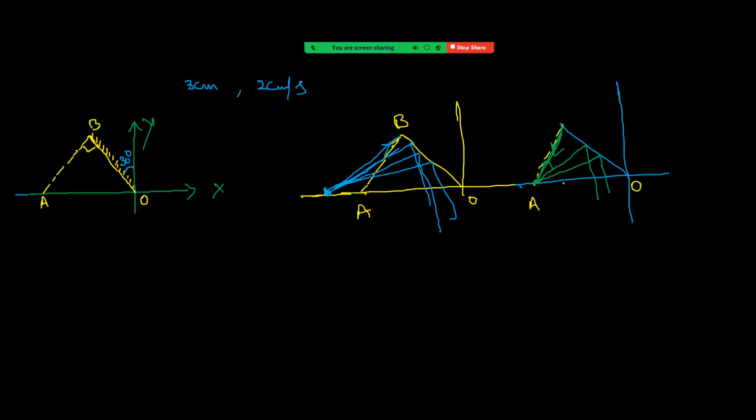Okay, it sees the image only because of this light ray, right? Now if I'm taking somewhere here, you can take any point in between O and A. I can always take one light ray incident normally on the mirror, and that is retracing the path.